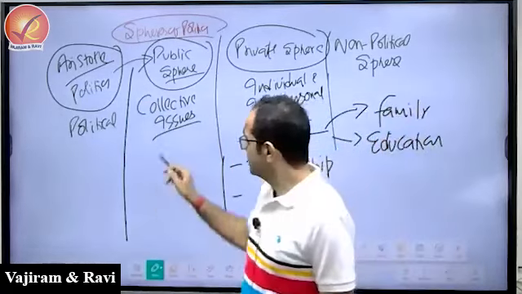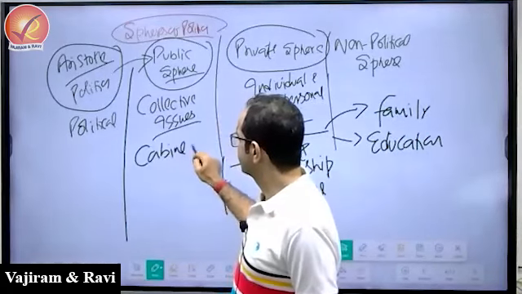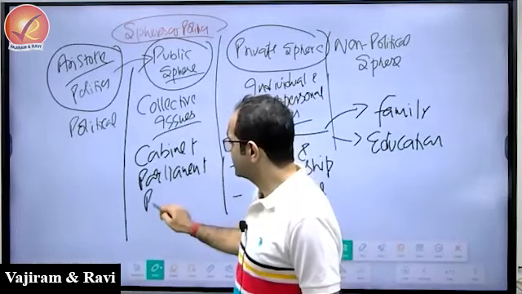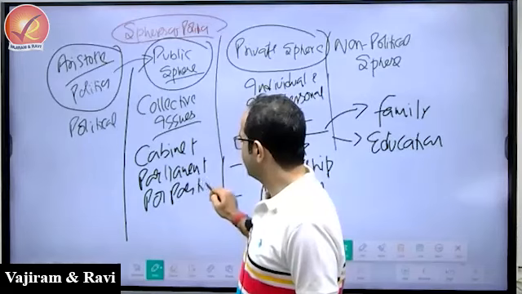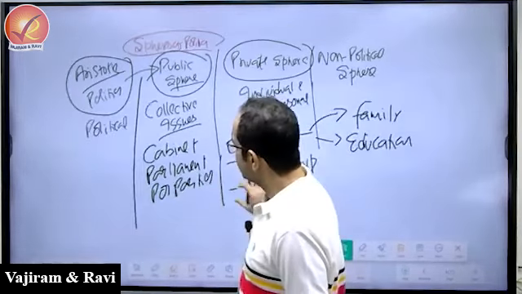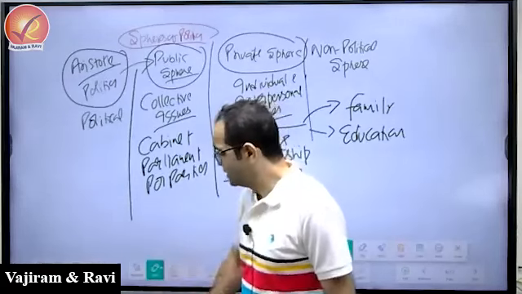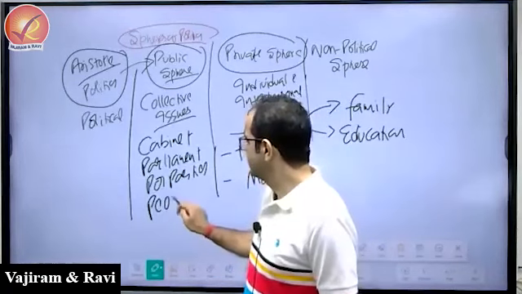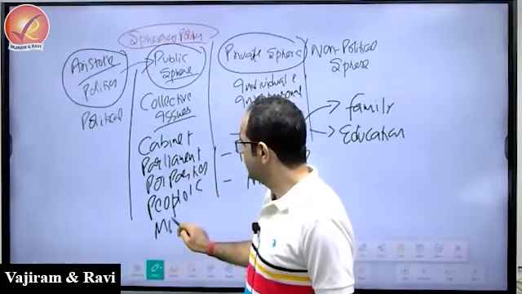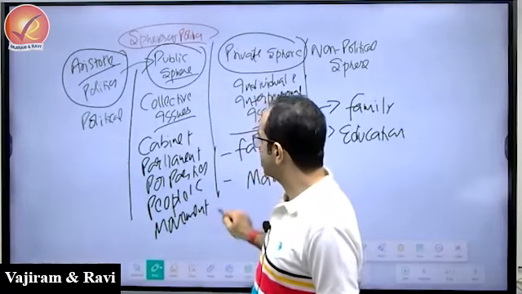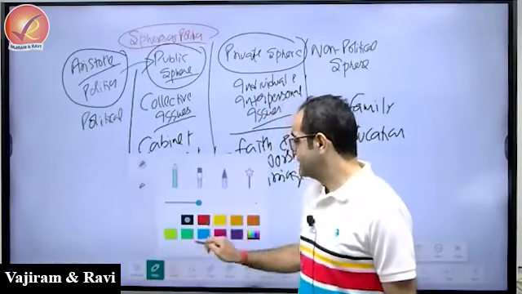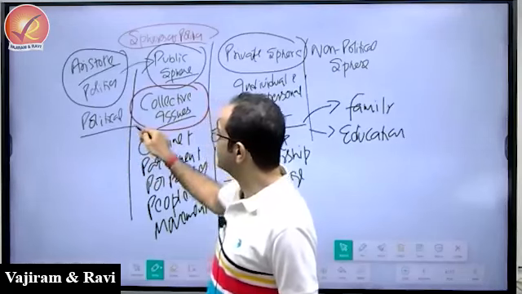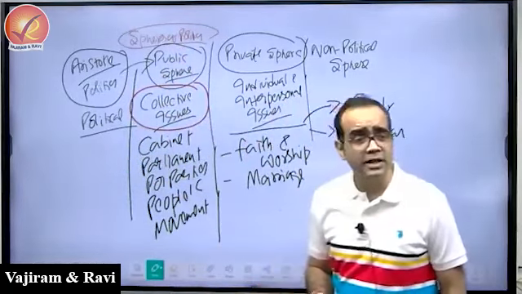If we talk about cabinet, parliament, political parties, and people's movements, all these deal with collective issues, and hence they are part of the public sphere or political sphere, and politics is confined to that.